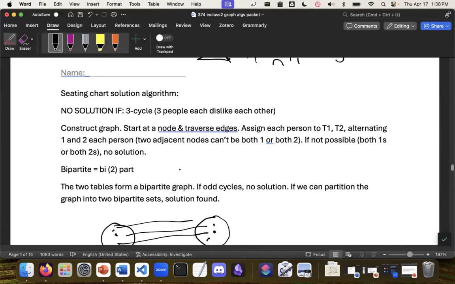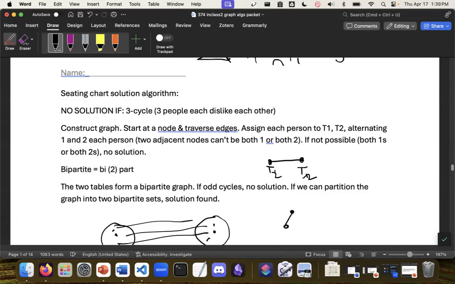And if we get back around to the first person and we've done that, then great, we found our solution. But if it's not possible, so we end up at a point where two people both have to be table 1 or they both have to be table 2, then there's no solution possible. And that's an odd cycle.